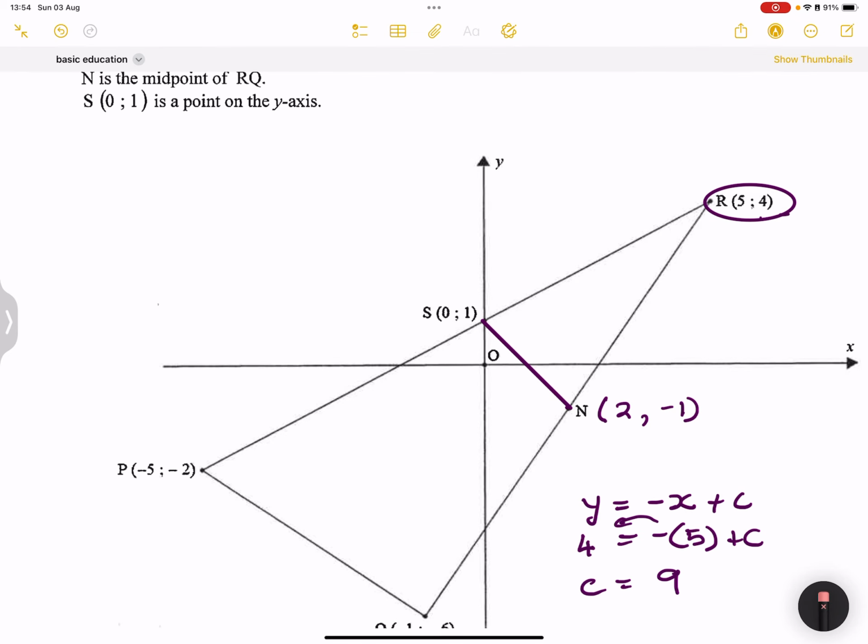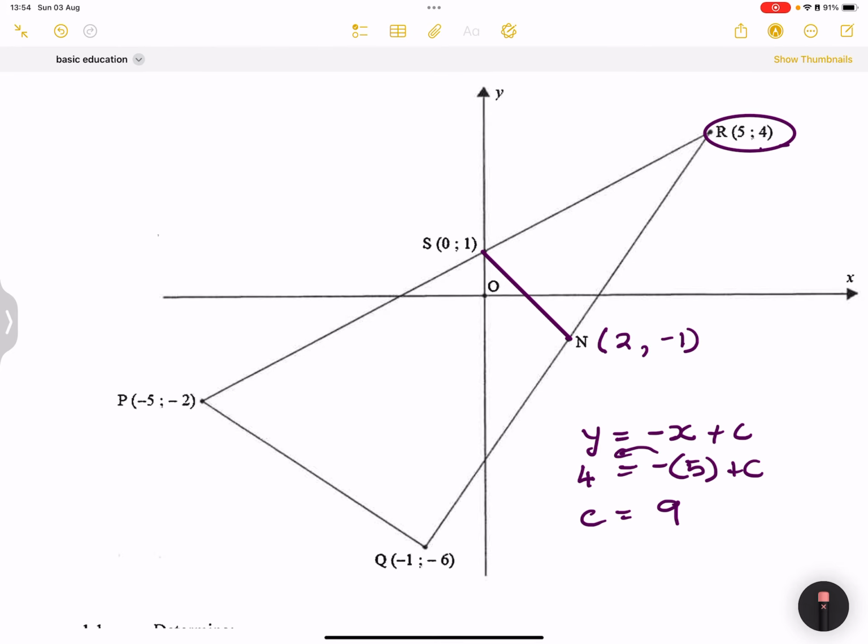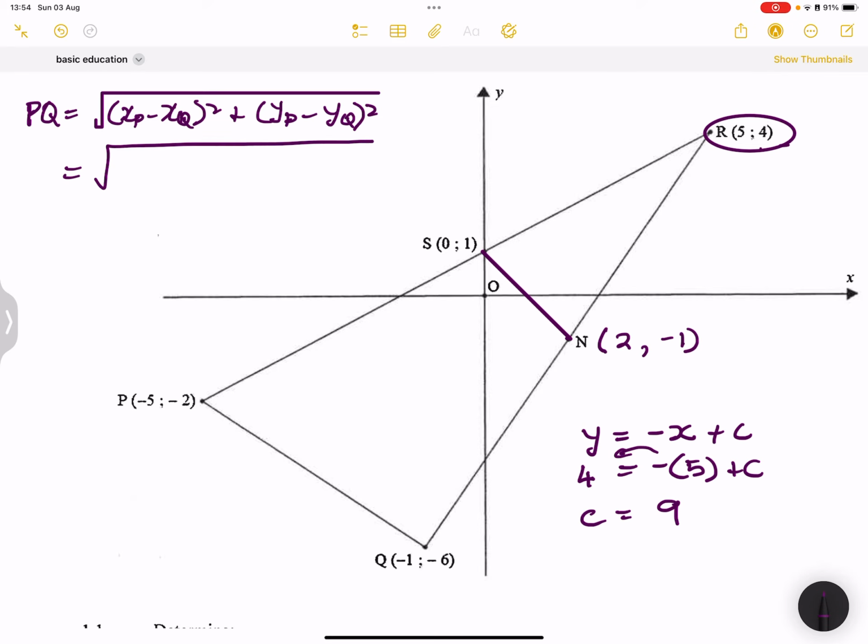So I'm going to take the distance PQ. That's going to be the square root of (xp minus xq) squared plus (yp minus yq) all squared. And so that should give me a value. So xp is -5, minus xq, which is -1, so that's minus and -1.